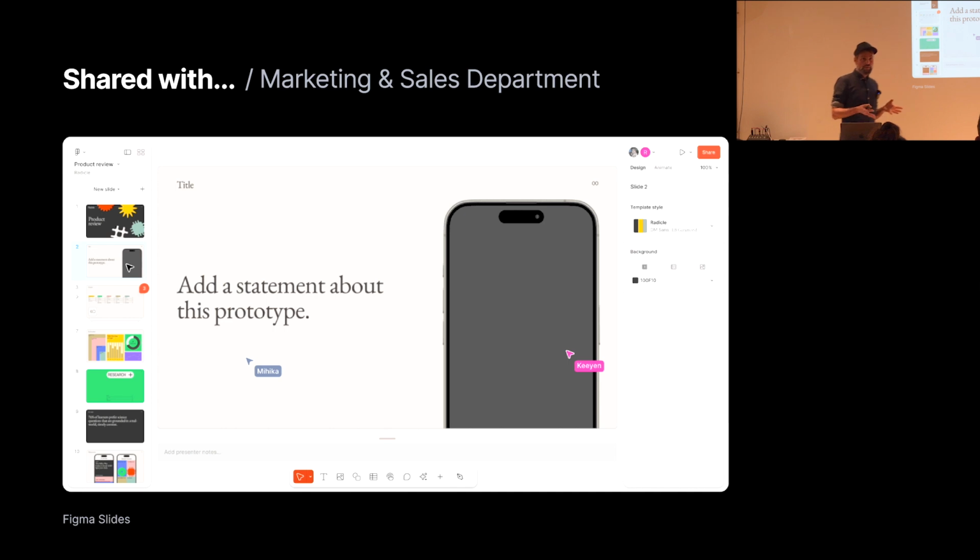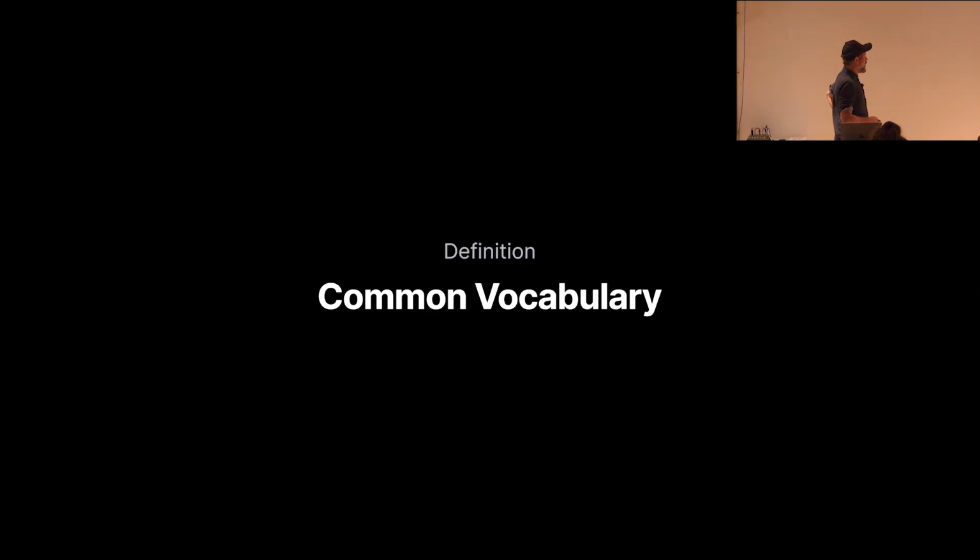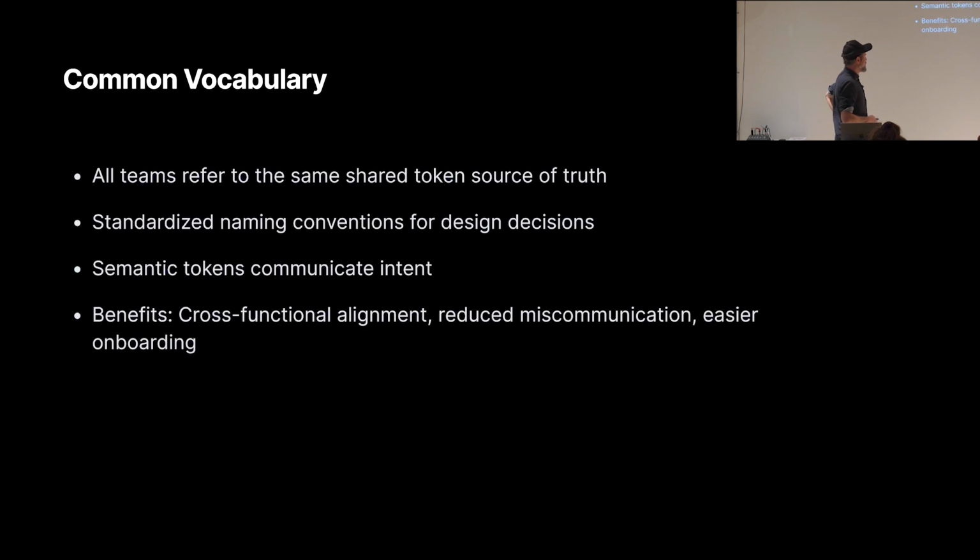So you can definitely sync a tool like Figma Slides with your design token source of truth. So also these departments could update a whole set of slides in one go by just updating your token source of truth.